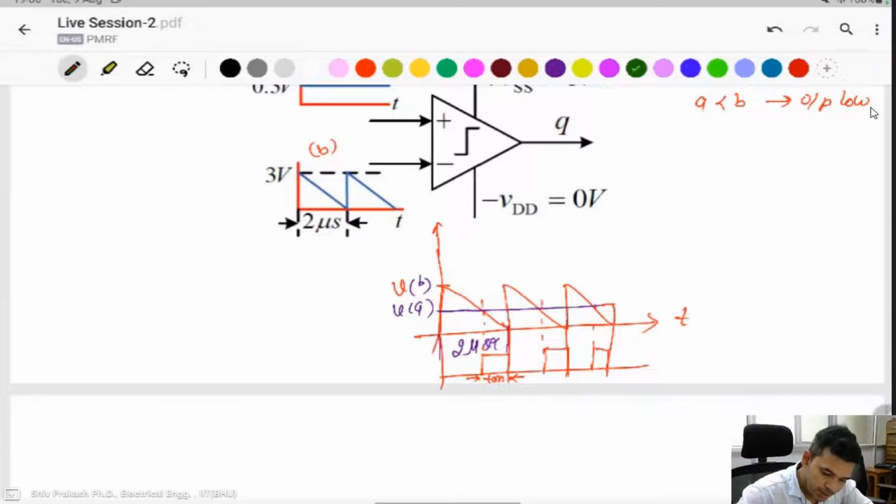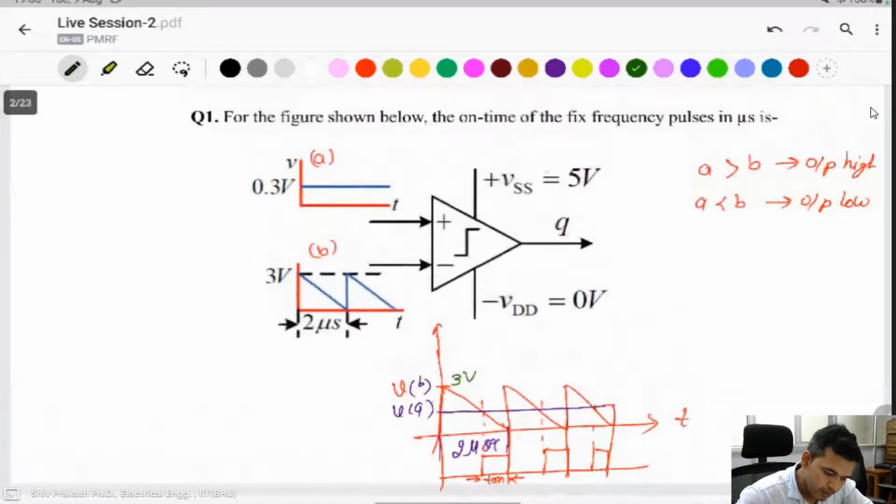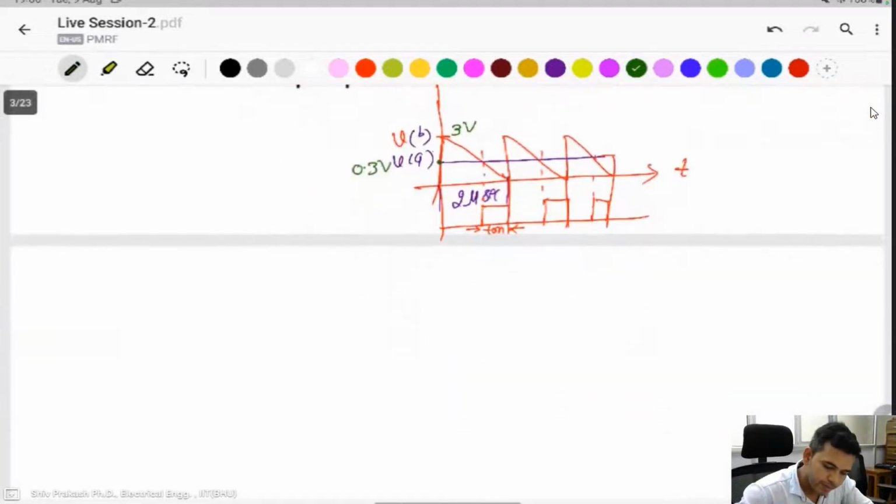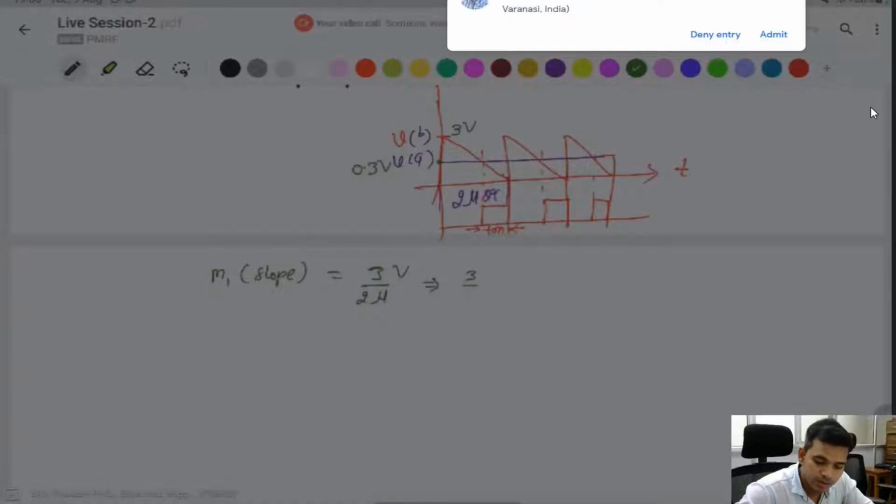This one is 3 volt and this one 0.3 volt. If you observe, M1 means slope, which is y-axis divided by x-axis. It's a total 0 to 3 volt divided by total time period 2 microsecond, so 3 by 2.